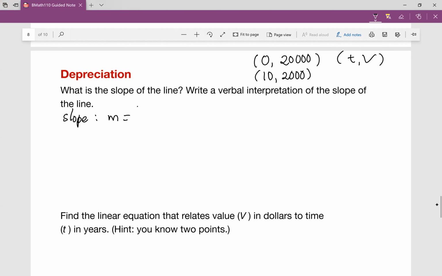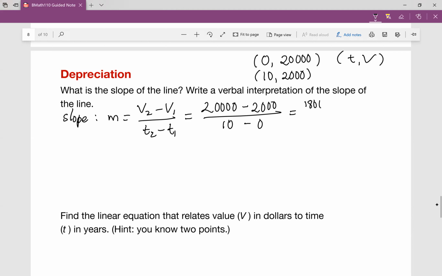So slope has to be in the form V2 minus V1 over T2 minus T1. Okay, so then I have 20,000 minus 2,000 over 10 minus 0. So you will have 18,000 divided by 10, so it is 1,800. Okay, so that is the slope.